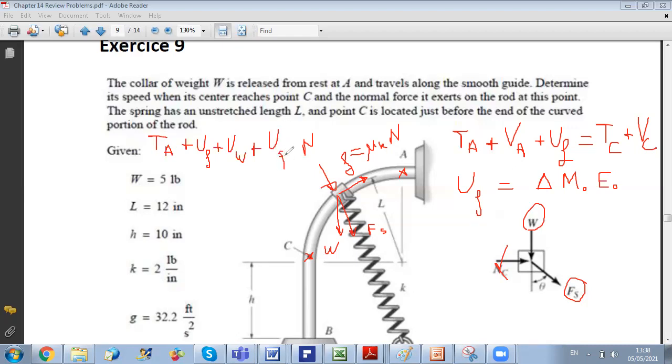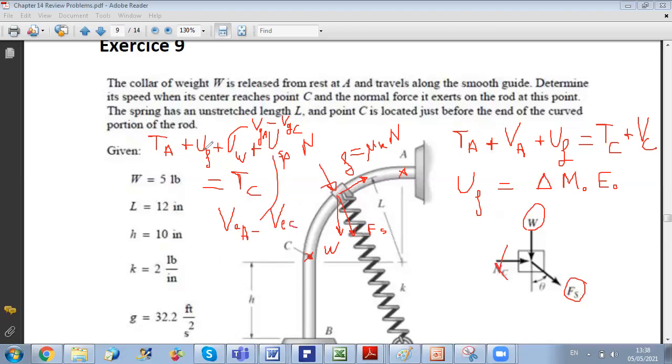And we have seen together, if you remember, when we derived the potential energy, that we can replace the work of the weight by V gravitational at A minus V gravitational at C. And also the work of the spring can be replaced by the elastic potential at A minus the elastic potential at C. So this is why the two are equivalent.